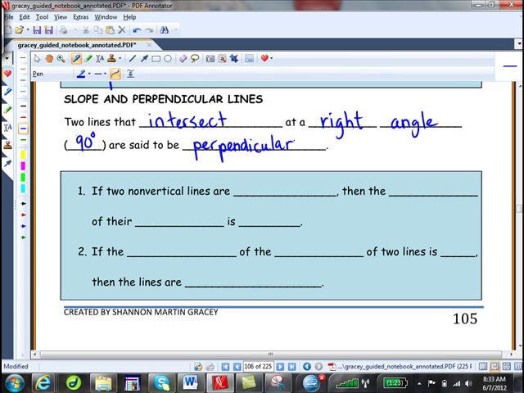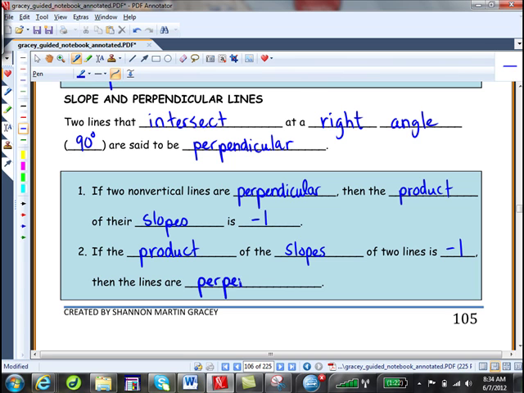If two non-vertical lines are perpendicular, then the product of their slopes is -1. If the product of the slopes of two lines is -1, then the lines are perpendicular.